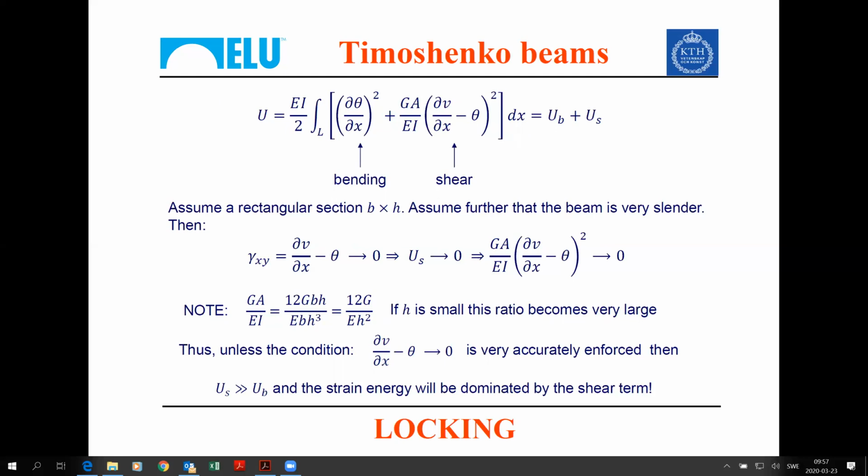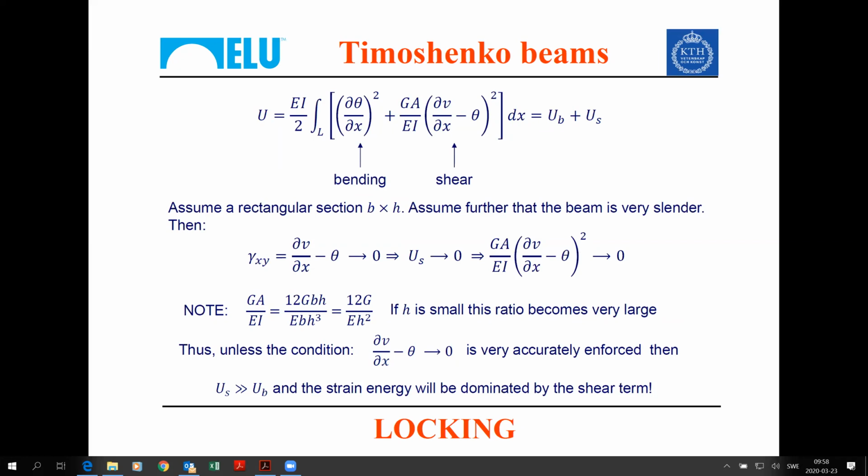In this case, we will expect the Bernoulli hypothesis to be fulfilled, at least in the limit. So we will expect gamma xy, which is dV/dx minus θ, to go towards 0, such that the shear strain energy, which is GA over EI times (dV/dx minus θ) squared, should also tend to 0.